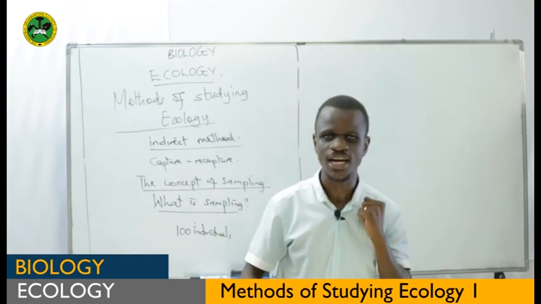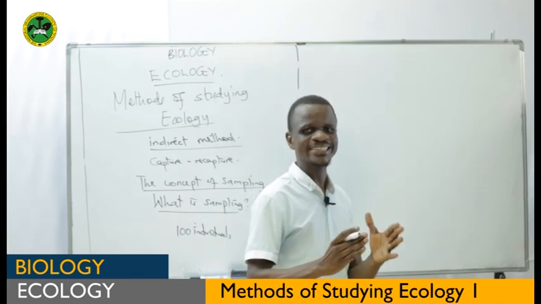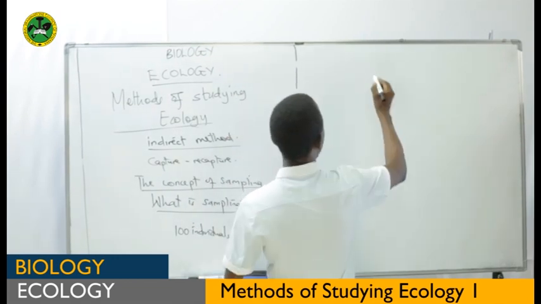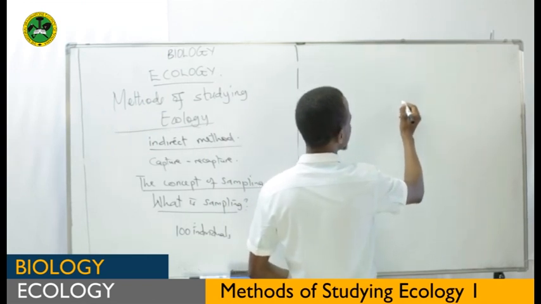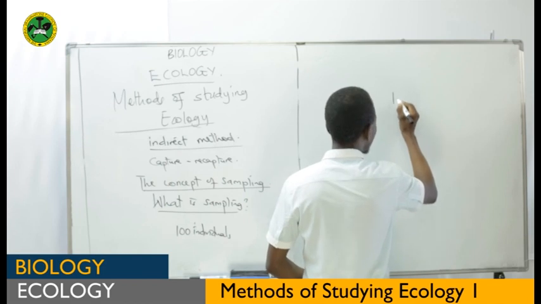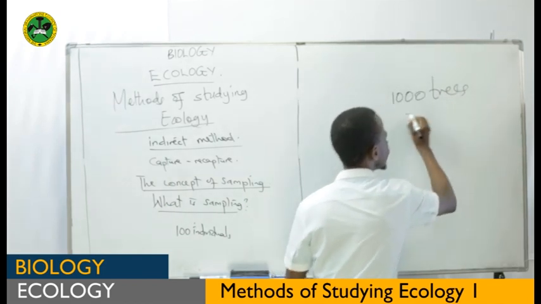My students, take an example. You are an ecological investigator. You are studying how particular trees reproduce, how trees of different kinds reproduce. You have 1,000 trees.